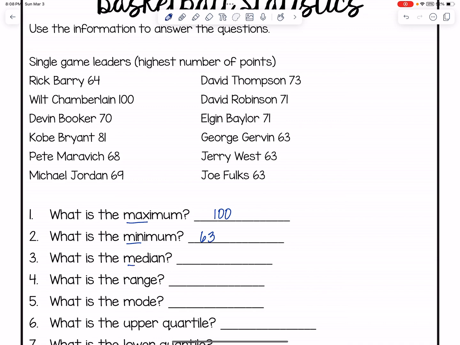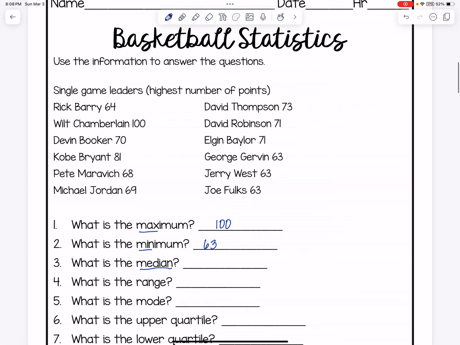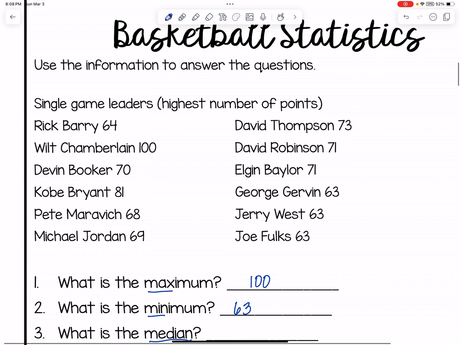In order to find the median, remember median is the middle, we are going to have to sort these. So let's go ahead and right on the top here, we can sort them from least to greatest. So we have a 63. I'm going to mark it off here. I have another 63, and we'll put commas between them. And we have another 63.